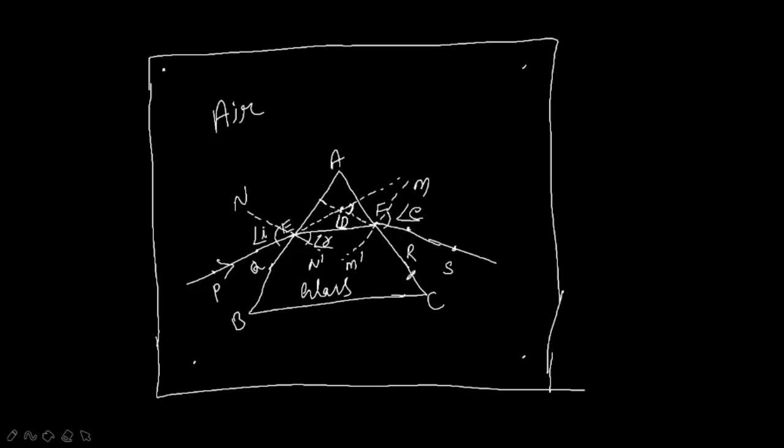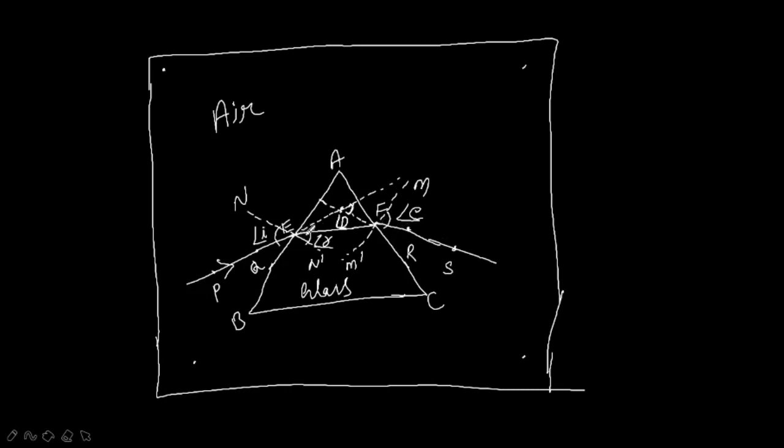From the face AC we observed the two pins in such a way that they lie in a straight line, and we fixed the third and fourth pin and marked them as R and S. Clear? And we joined all these lines, and wherever PQ meets the AB face we call it E, and where RS meets AC we call it point F.